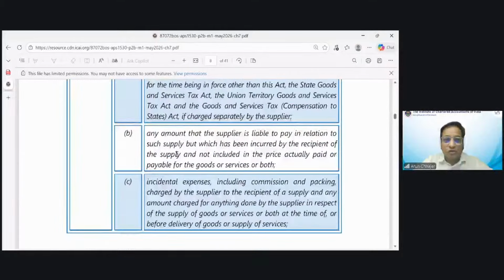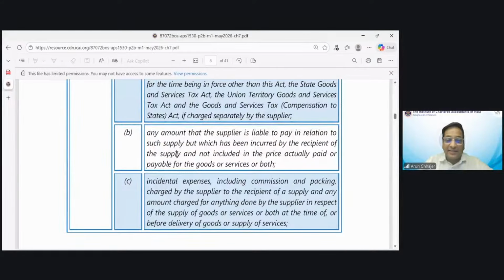The reason is that there are 5 things to be added, correct? And what is the reason? Any expenditure charged by the supplier to the recipient, anything done by the supplier in respect of the supply before delivery.